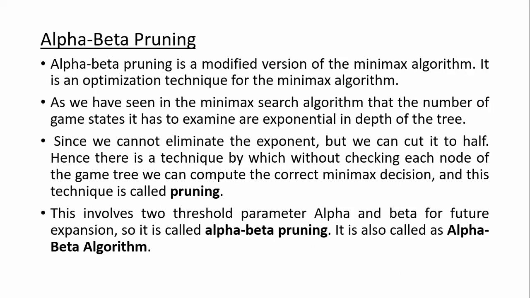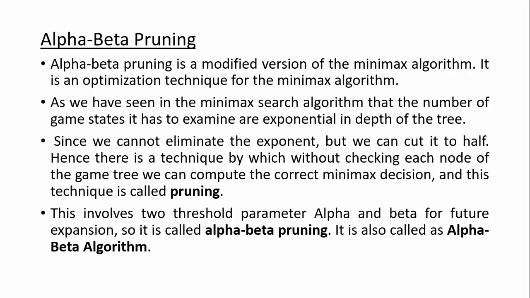The main advantage of alpha beta pruning is that we cut the parts of the game tree which are not giving the significant information needed for the game. Cutting the game tree in this way, technically, we call pruning.